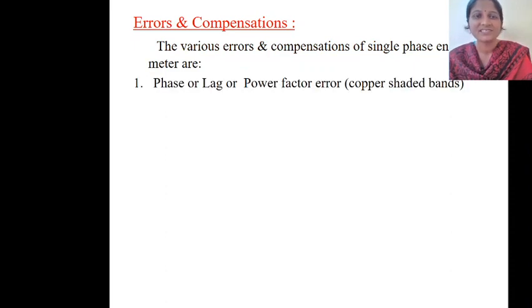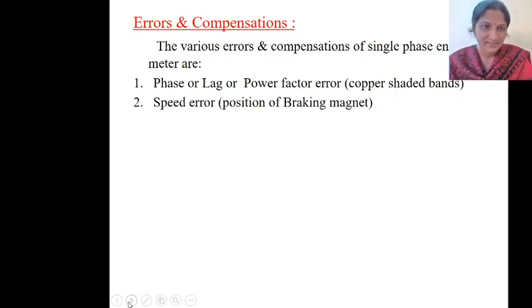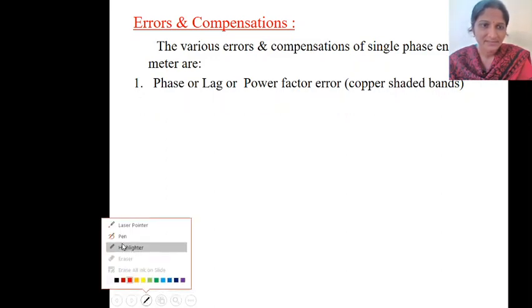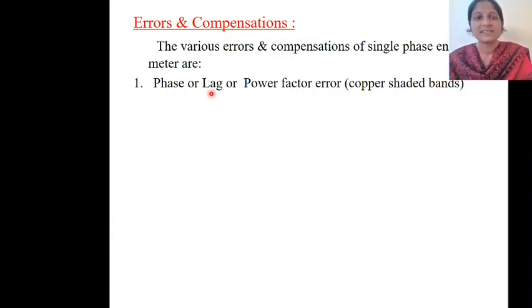The other types of errors in an energy meter: the first one is phase error, or lag, or power factor error. This power factor error means you should maintain the angle between the primary flux and the secondary flux, that is, the pressure coil flux and the series coil flux, at almost 90 degrees.